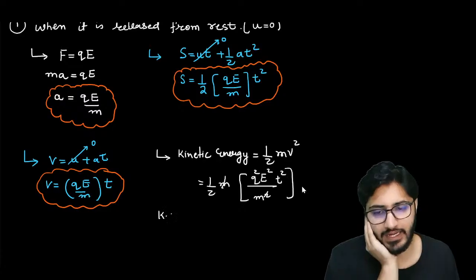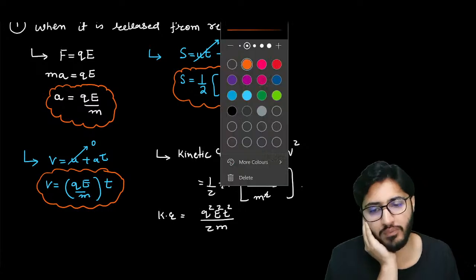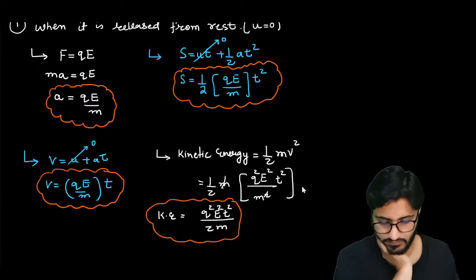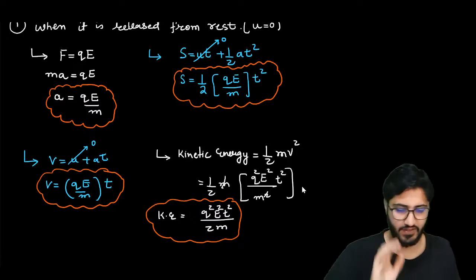So my kinetic energy becomes Q squared E squared t squared by 2m. You don't need to remember all of these things. Just remember how to manipulate and how to get the answer. Okay. Very easy now.